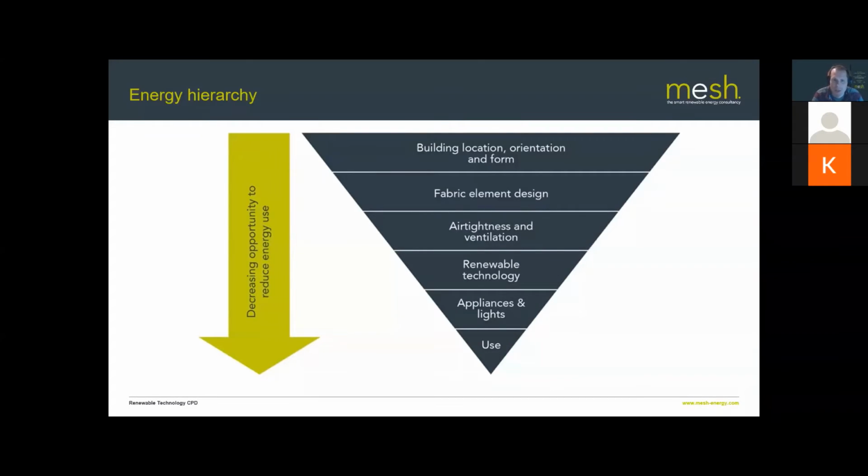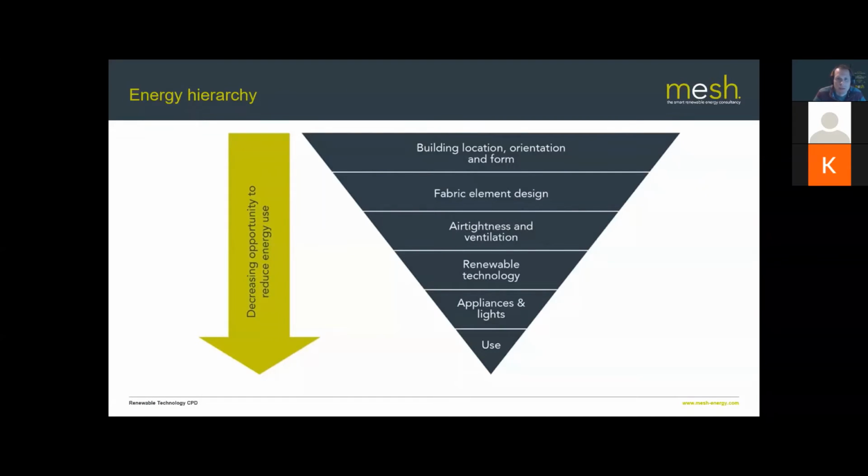We always try and include it, and the reason is that it really is the key to designing energy efficient buildings, which is what MESH is all about. So we start with the building location, orientation and form, and then we work downwards and towards the final end user at the bottom.